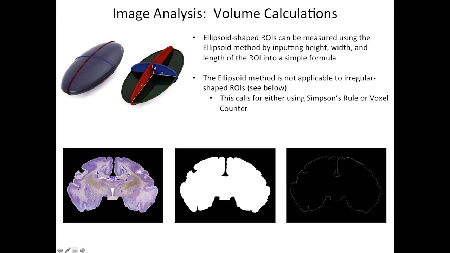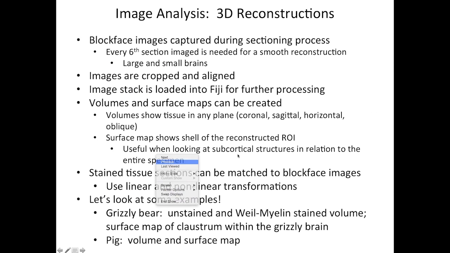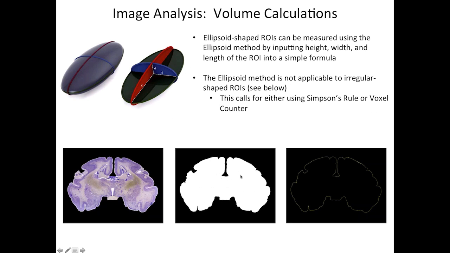And what we do is take the area of the inside of this yellow line, save this region of interest, and compile that into the Simpson's rule formula spreadsheet where we'll determine the volume of this region. And what I just showed you is the binary image of this image, which is used in the voxel counter method to determine volumes.